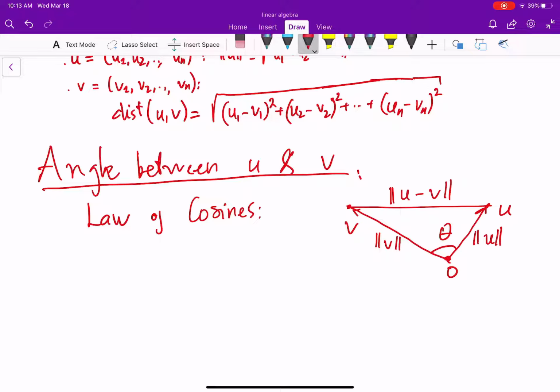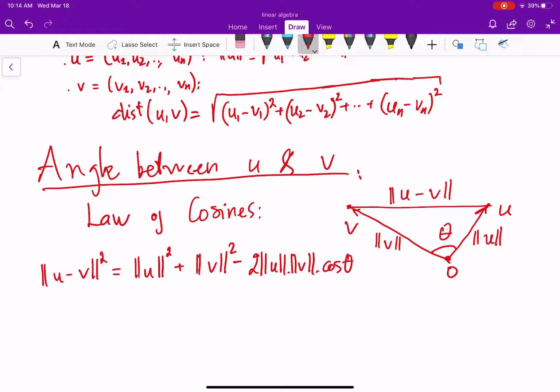So in this triangle, we have the following law. The norm of u minus v square equal to the norm or the distance or the length of u square plus the length of v square minus 2, the length of u, the length of v, and then cosine of theta, where theta is the angle between u and v.